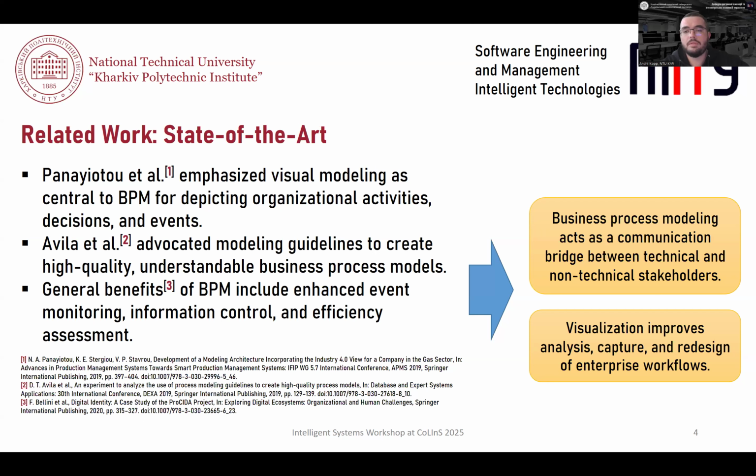Let us consider the rules for consistent business process modeling. They include such statements that start events should have only outgoing flow, intermediate events should have one incoming and one outgoing flow, boundary events should have only one outgoing flow each, and end events should have only incoming flows, one for each.